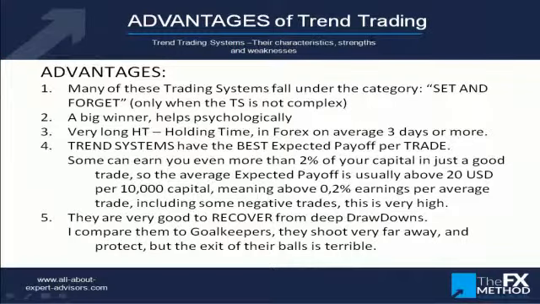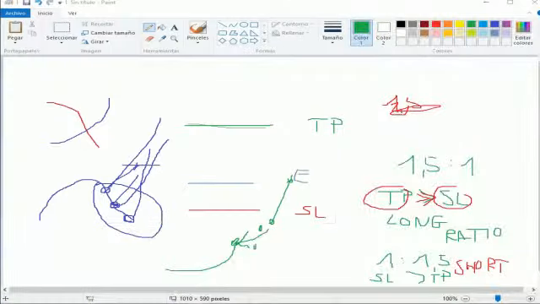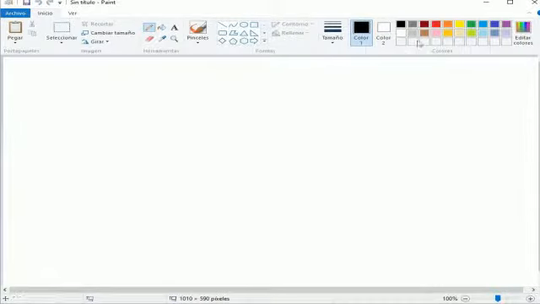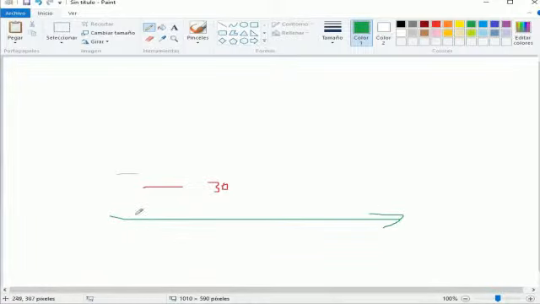The funny thing about these trend systems is that the first hours are dangerous, but after you're on the safe side, let's say if you put a trend trade, this is the entry and we're going long, and we have the stop loss very close by, let's say 30 points. If I would draw the hours I'm in the trade, the first 15 hours, good chances are it goes against me and I'm going to lose the trade.